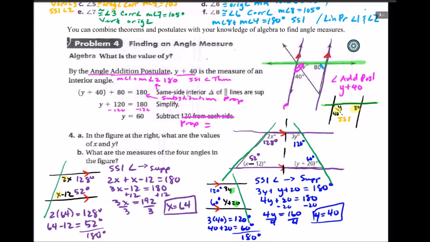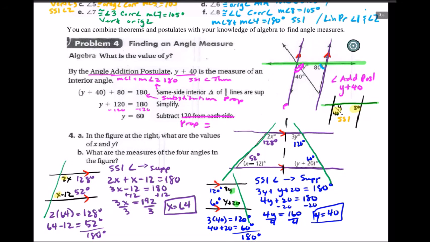Now you saw on all of these that the requirement is two parallel lines cut by a transversal. And as soon as you have that, you have all four of your special angle pairs: corresponding, same side interior, alternate interior, and alternate exterior. And they all have their special properties.